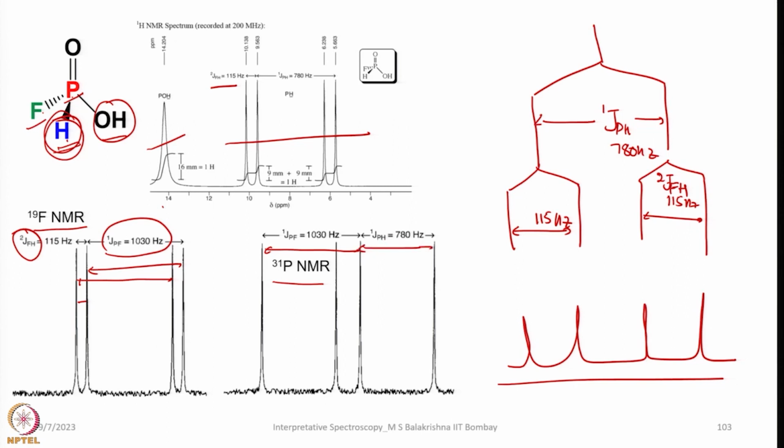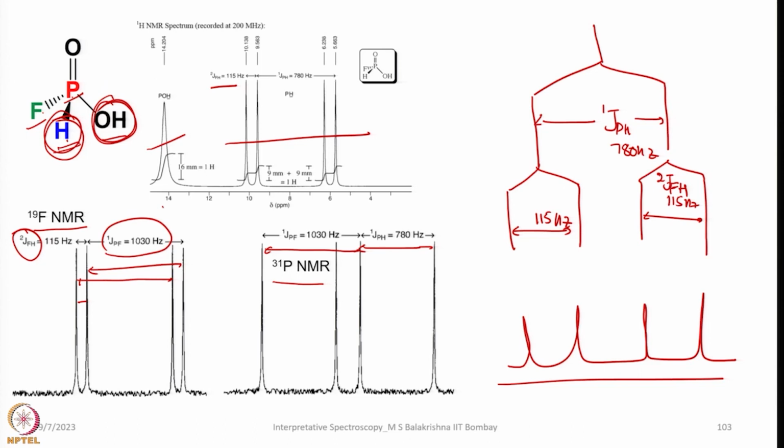So all of them look identical, doublet of doublets, because they all have two couplings. This is how you can interpret data very easily, and you must have understood how easy it is to interpret data obtained from multinuclear NMR spectra.